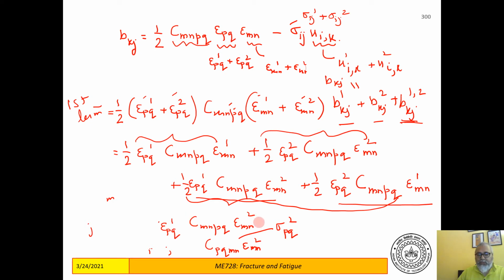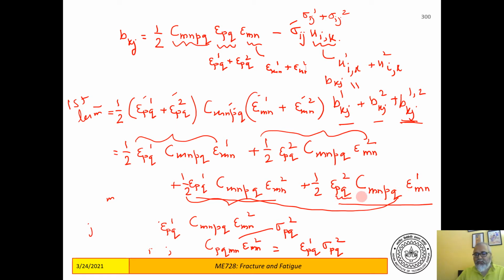So this becomes epsilon pq1 sigma pq2, and here also you will see that you can convert this into the same thing.